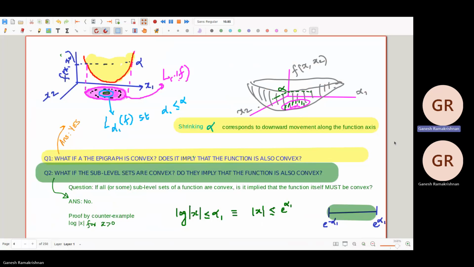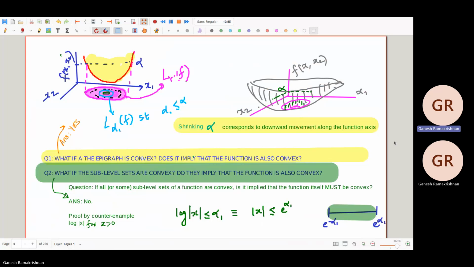I give one example here. Is that indeed a function, or rather, are all these sublevel sets convex? Log of absolute value of x. Is that a convex function, by the way? It's not a convex function. You can verify that.